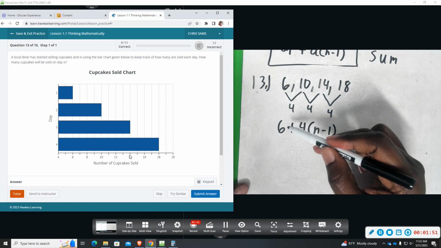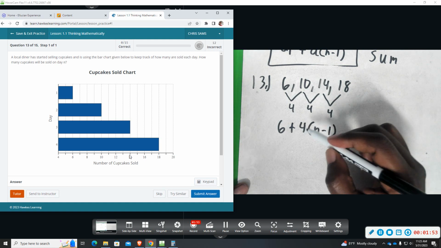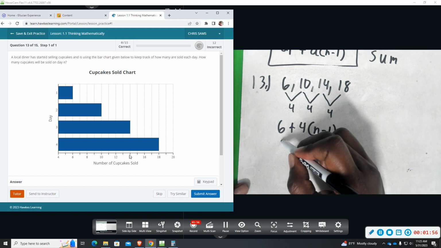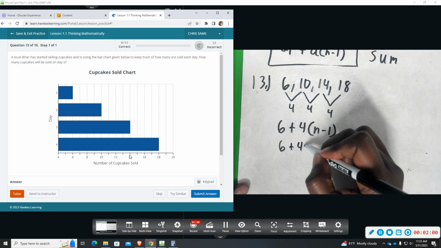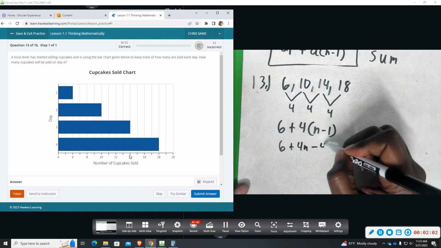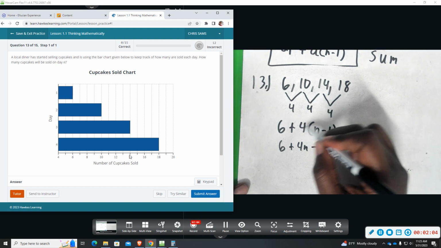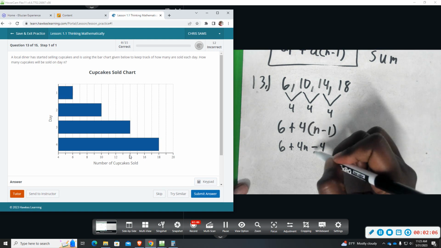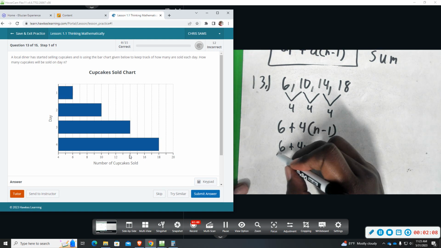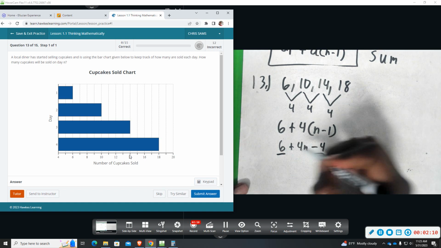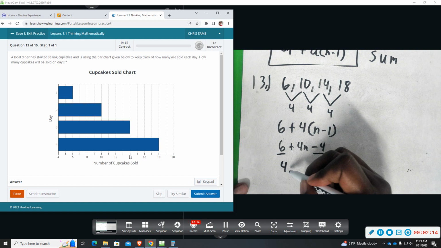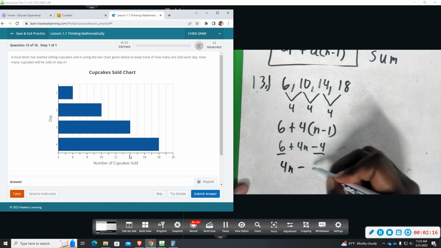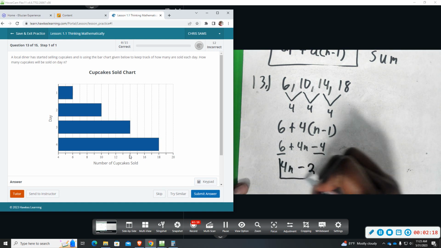So we're going to distribute the 4: 4n minus 4. 4 times n, 4 times 1 is 4. And then we're going to combine the 6 and the 4. So I have to do 6 minus 4, that's going to give me 2. So 4n plus 2 is what we get.